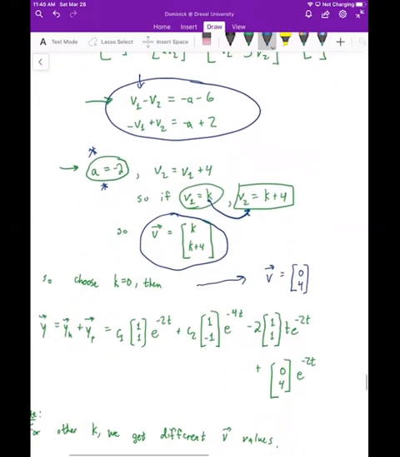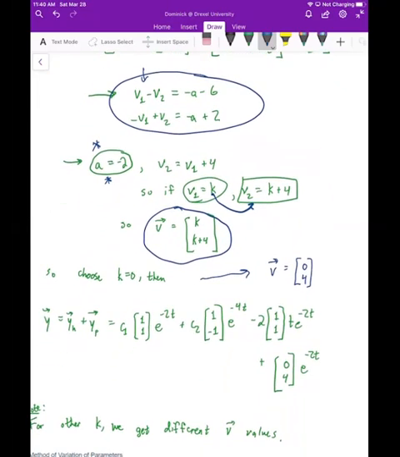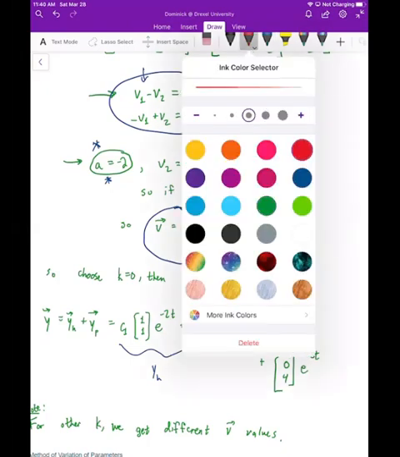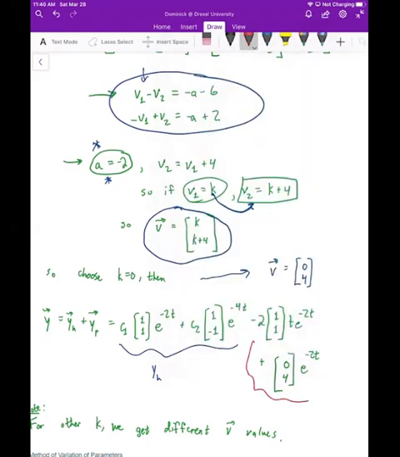Right? So now this part here is our homogeneous version of the solution. And then these two terms here give us the particular version. So this was like u times t e to the -2t, and this was v times e to the -2t, which of course we went through and we found.